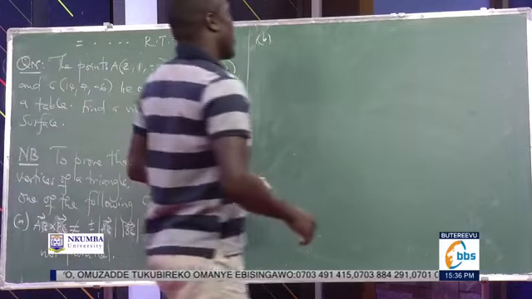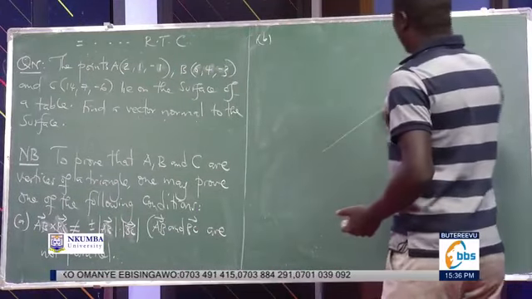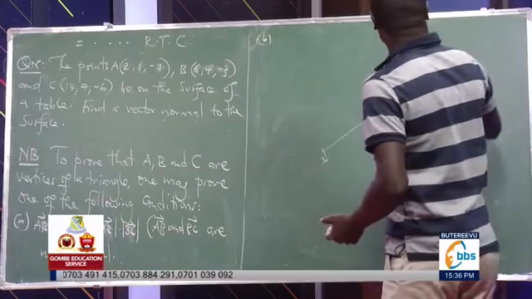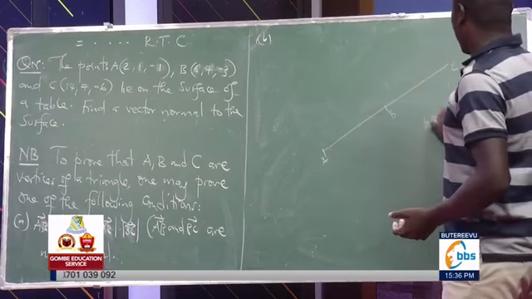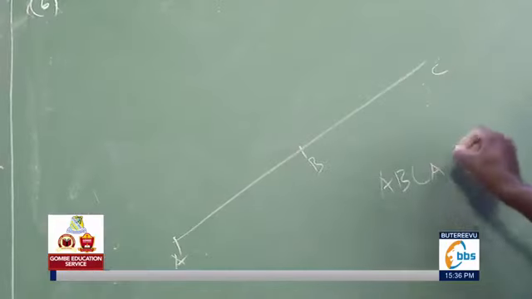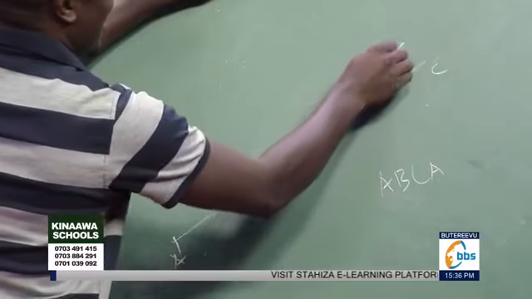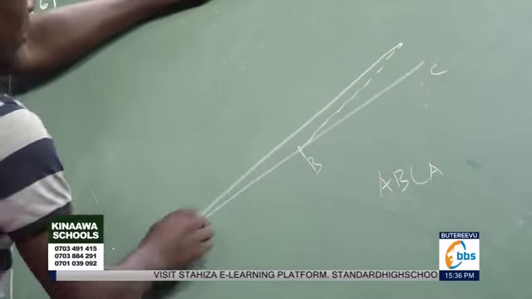Now here we will use the aspect of area. You see, if the points are on the same straight line, A, B, and C, then the area enclosed by ABCA is 0. You're not enclosing anything. But the moment you offset that point off the line, however slight the perturbation is, we shall have a triangle.